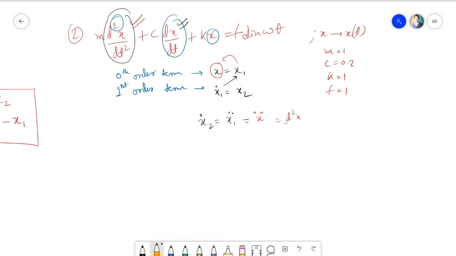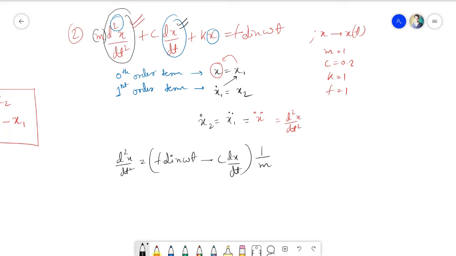Now we need to write it in the state space form. So for that we will write d square x by dt square is equal to, taking all other values to the right hand side, sine omega t minus c dx by dt, and this whole term will be divided by m.